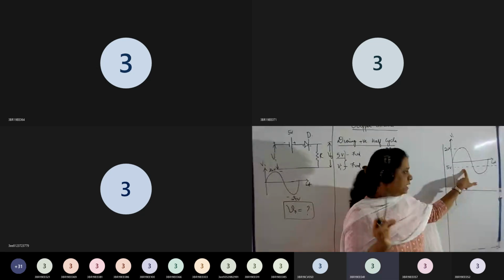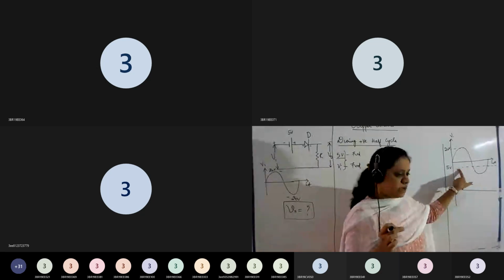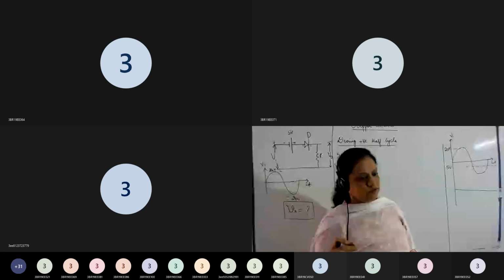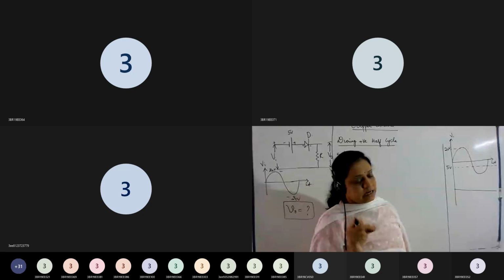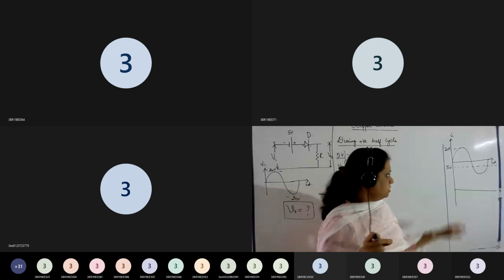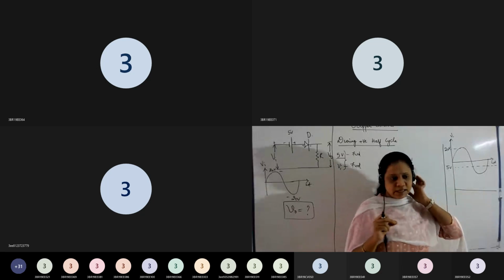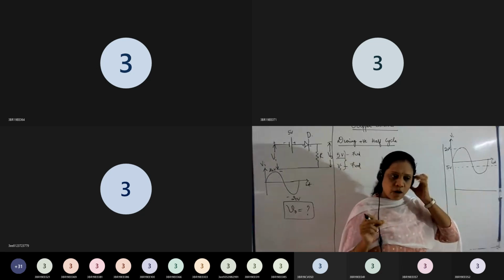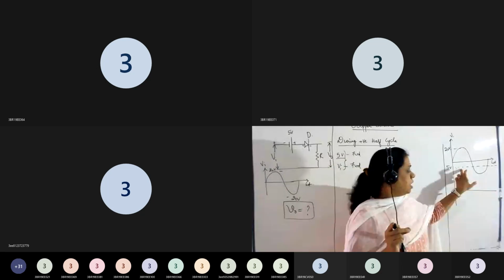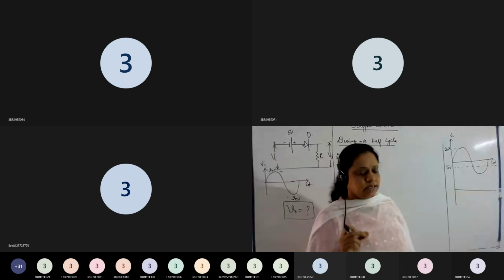If you make a mistake in selecting this 5 volt, whether it should be in the positive half cycle or negative half cycle, the entire thing goes wrong. You are going to get 0 marks. Even though the analysis is correct, if you have taken 5 volt in the positive half cycle instead of the negative half cycle, then the entire problem will be wrong. So please understand how to choose this 5 volt line.